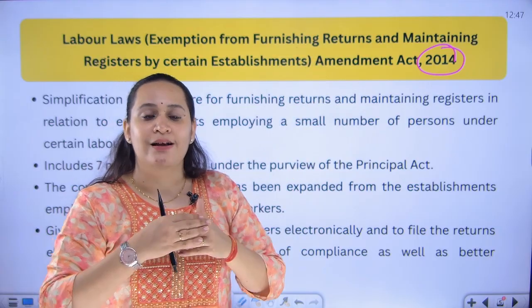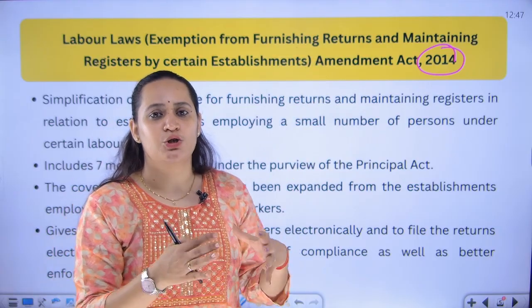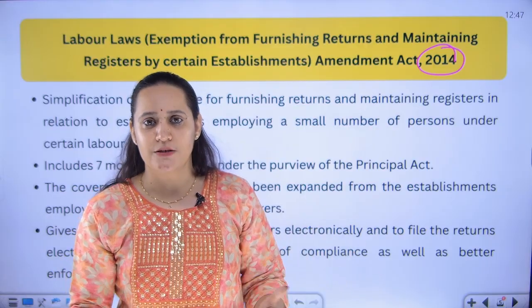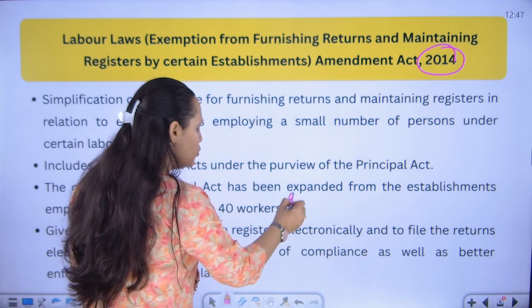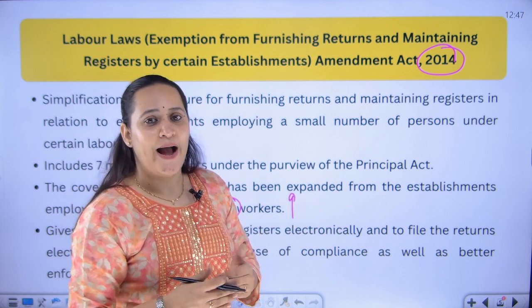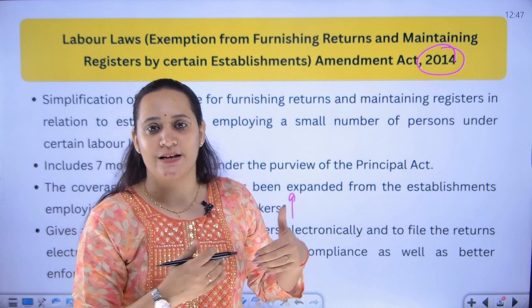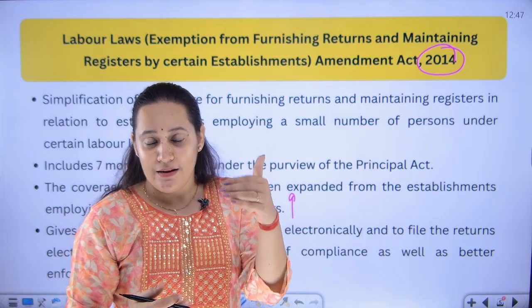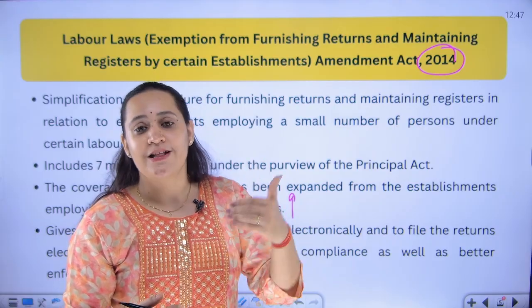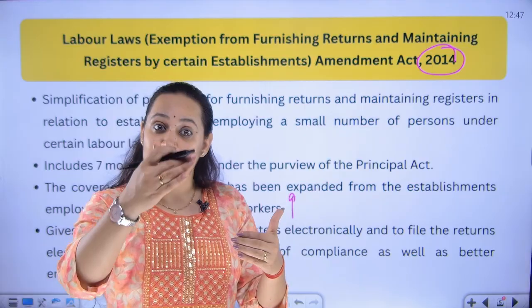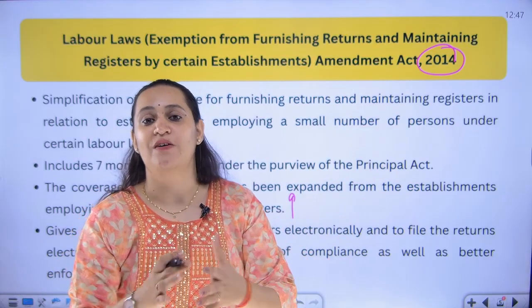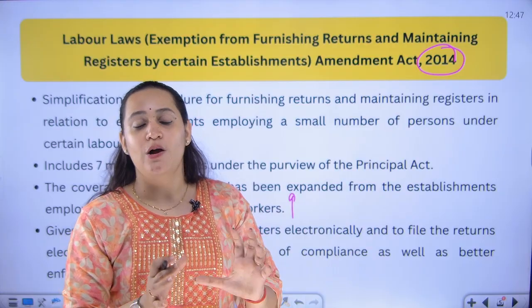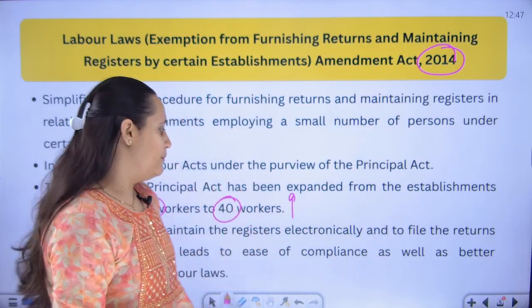But now they want to increase the applicability of this provision to a lot more industrial establishments. So they've increased the threshold to 40 workmen. Now, if you have up to 40 workmen, you can claim an exemption. Earlier, only if you had less than 19 workmen could you claim exemption. Now, if you have less than 40 workmen, you can claim exemption. So they've increased the scope of applicability of this enactment to a lot more small industrial establishments.